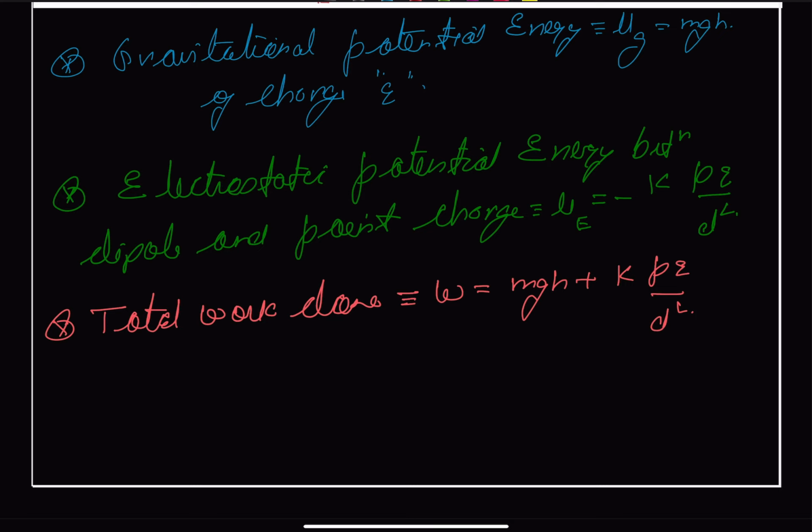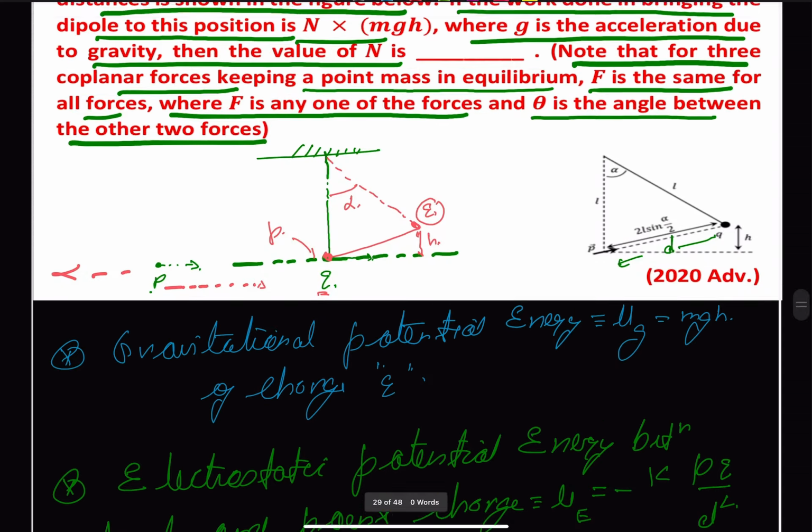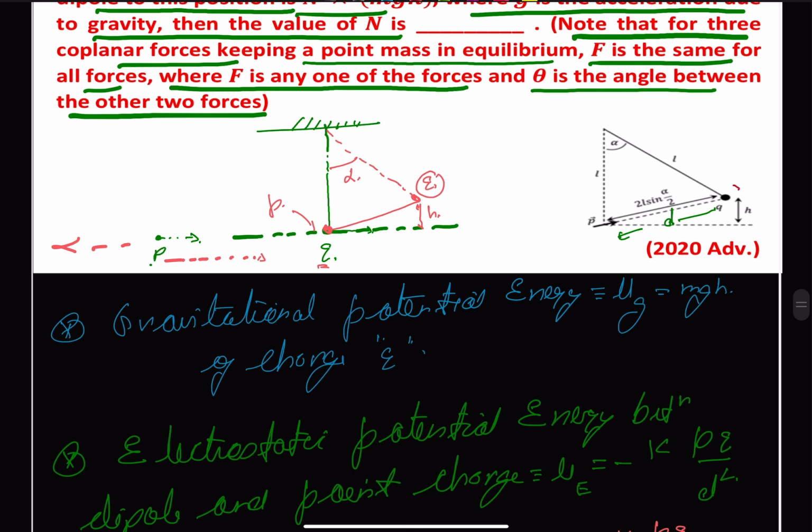At this particular moment, when it is in equilibrium, this charge Q is going to experience three forces. One will be mg in the downward direction, then tension along the string because it is tied fixed at this point, and the other one will be the electrostatic force due to the dipole. For that we can draw the diagram also.